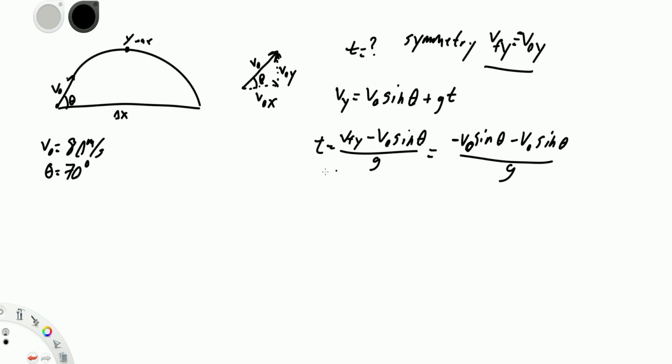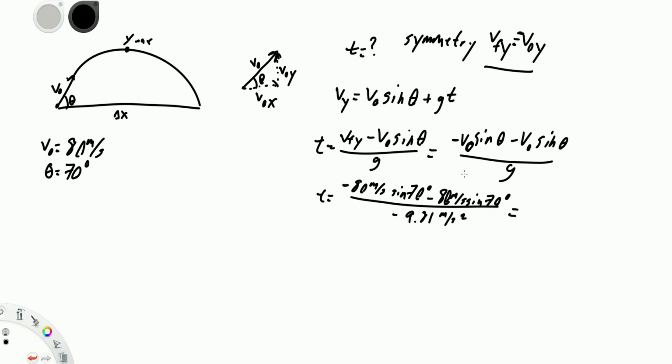So if we plug that in, we get minus 80 meters per second sine 70 degrees minus 80 meters per second sine 70 degrees, over minus 9.81 meters per second squared.